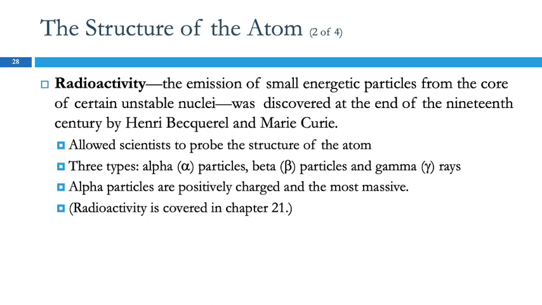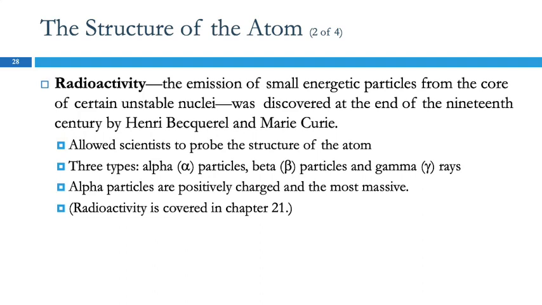Well, before we can talk about testing it, we have to understand a little tiny bit about radioactivity. So radioactivity is when certain nuclei emit small energetic particles just spontaneously. And that was discovered at the end of the 19th century by Henri Becquerel and Marie Curie. And this allowed the scientists to probe the structure of the atom.